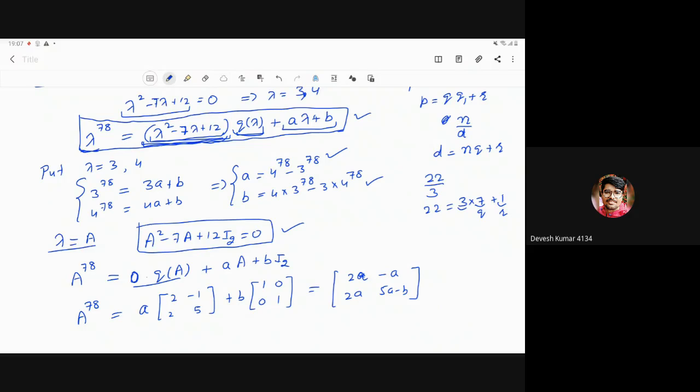So first eigenvalues and eigenvectors, then properties of eigenvalues, then similar matrices, diagonalization of a matrix. You see the connection, how diagonalization of a matrix is connected with the eigenvalues and eigenvectors of a matrix. Then you learned that similarity of matrices is very useful in finding higher powers of a matrix.